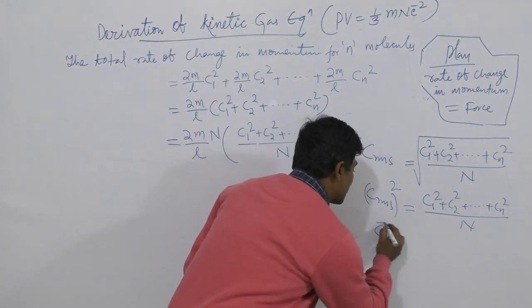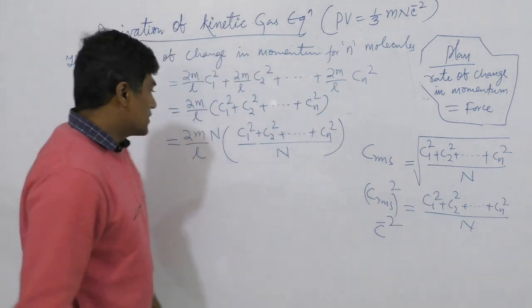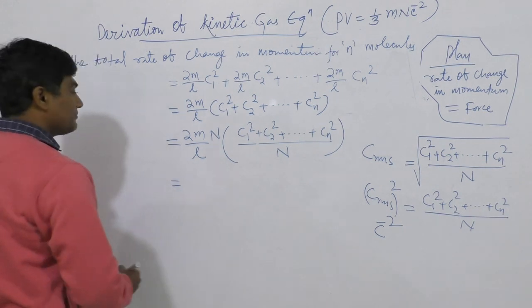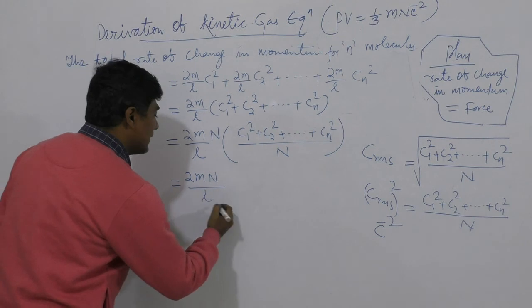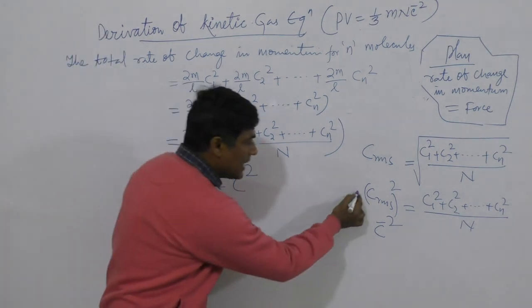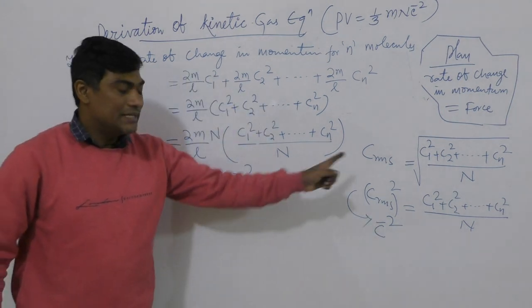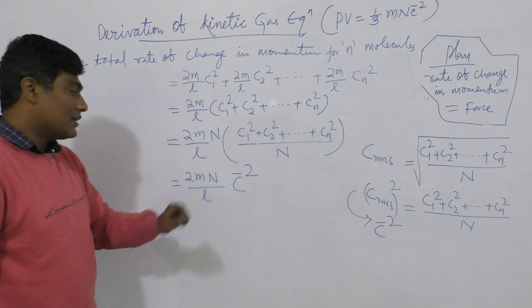Sometimes we write it like this, C bar square. So this is 2mN by L C bar square. This C RMS square is also written as C bar square.